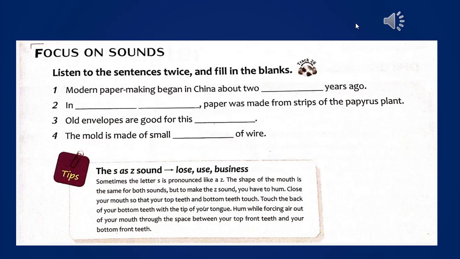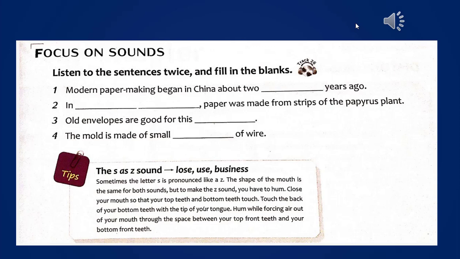For the reason. You see two syllables here, R-E-A, you read re, and S-O-N, when you read it as a single syllable, you read sun, right? Not reason, we read reason. So letter S here sounds like letter Z, reason, okay?